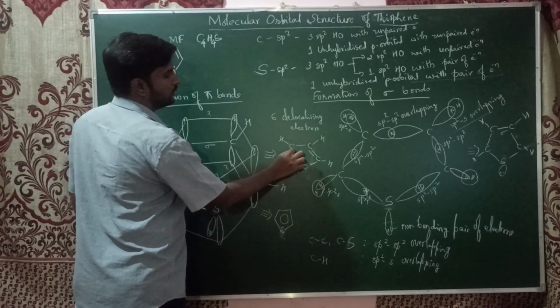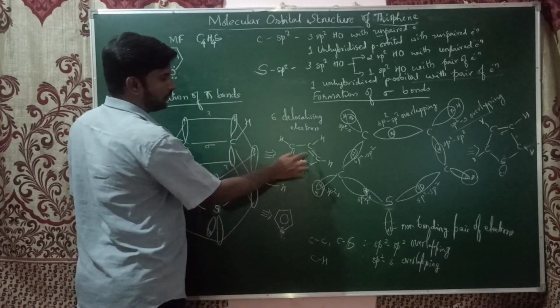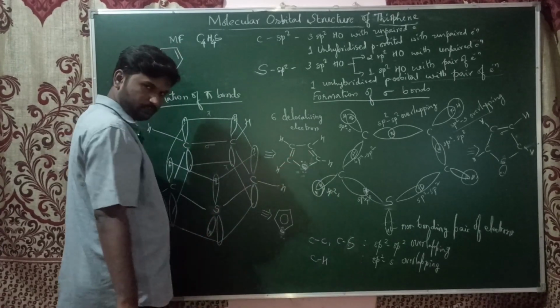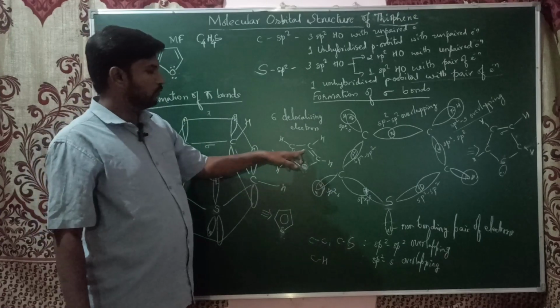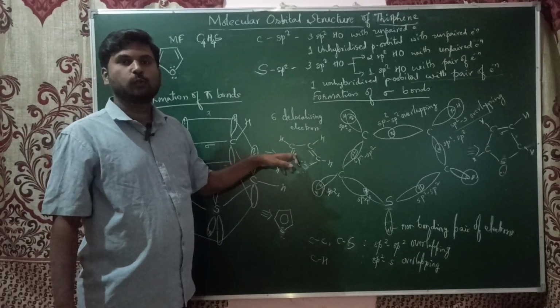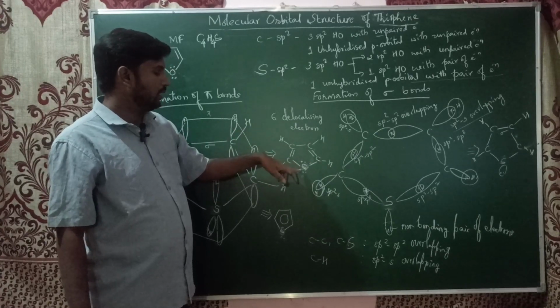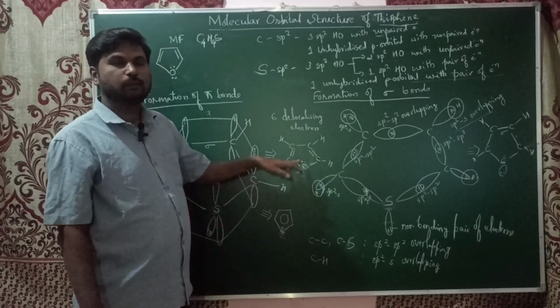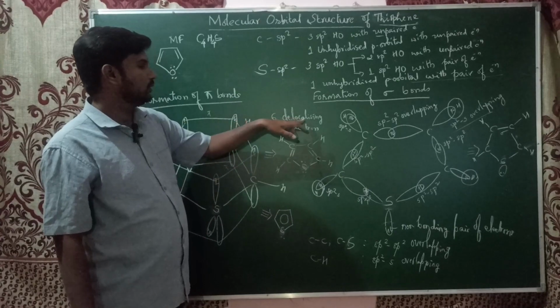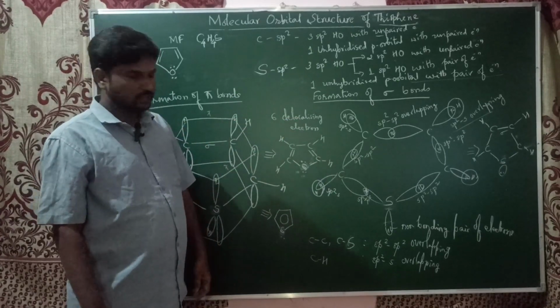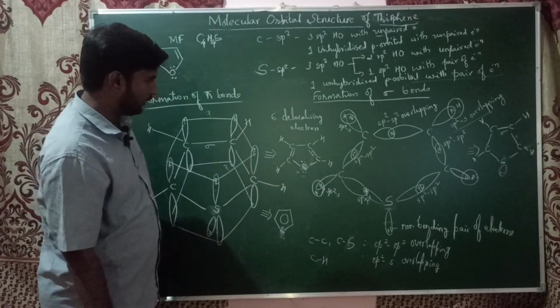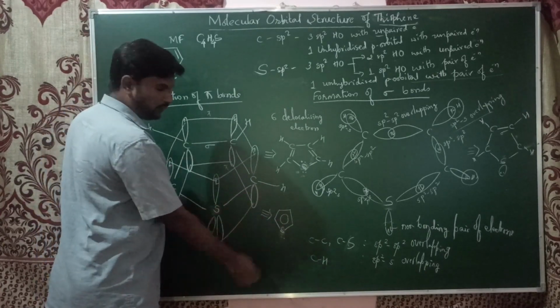So here these two, and these two, the 2 pi bonding pairs of electrons, that is 4 pi bonding electrons, and this 1 pair of electrons. So there are totally 6 delocalizing electrons, and here sulfur.